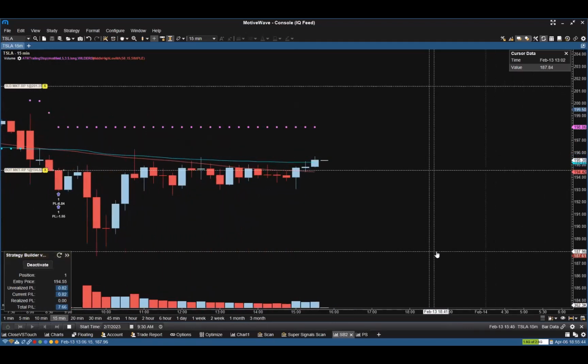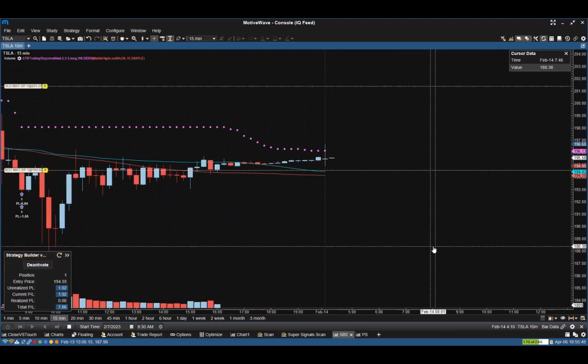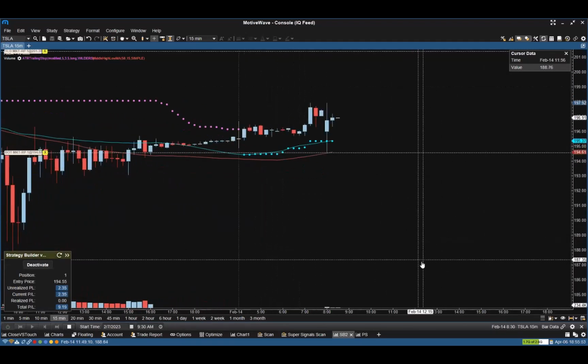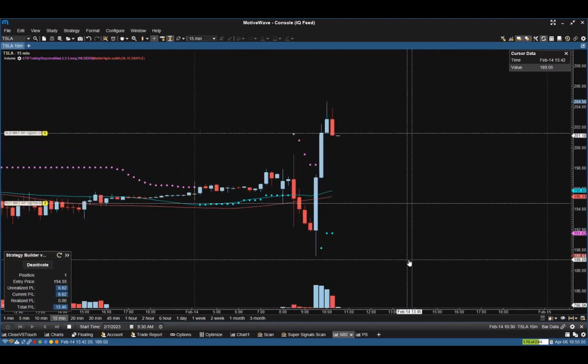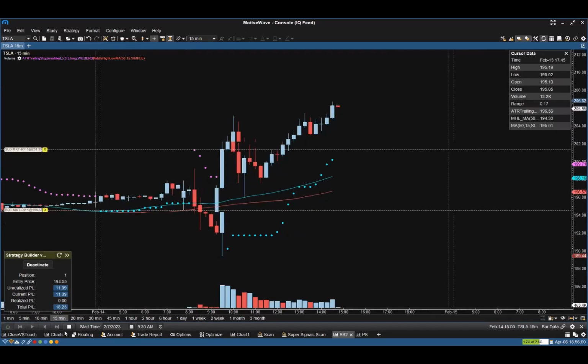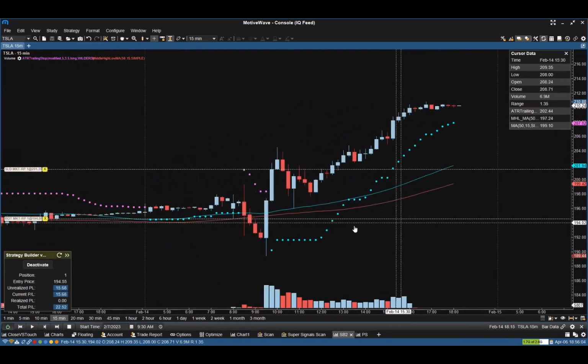Trade plays out. Still long. Things are going our way. And the next thing that happens has to be that we go short. The logic of why I really like this type of strategy is it just lets your winners ride.